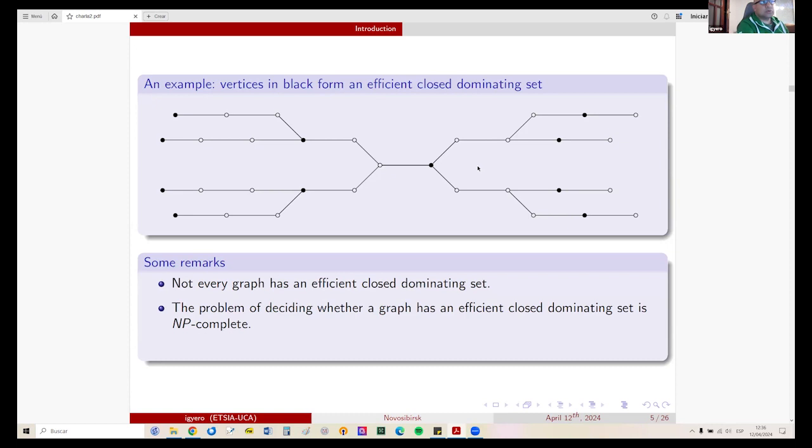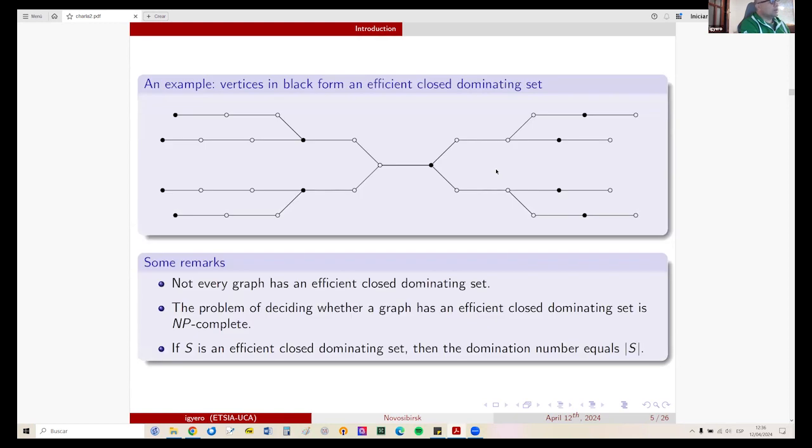It's not easy to know when we will have an efficient closed dominating set or not. One particular situation is that when we have an efficient closed dominating set, then the domination number is equal exactly to the cardinality of such a set.